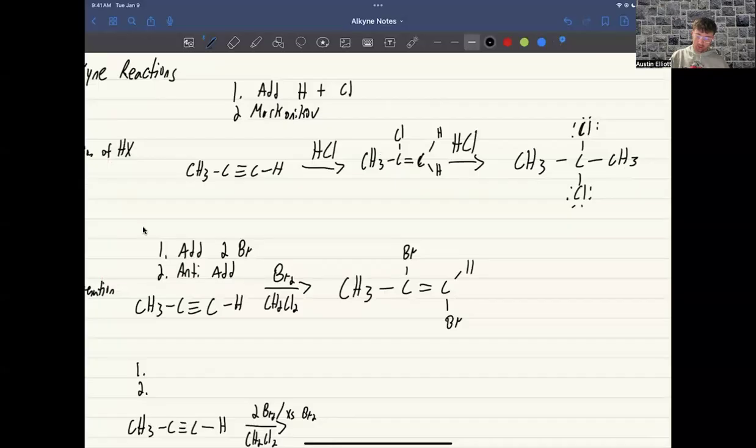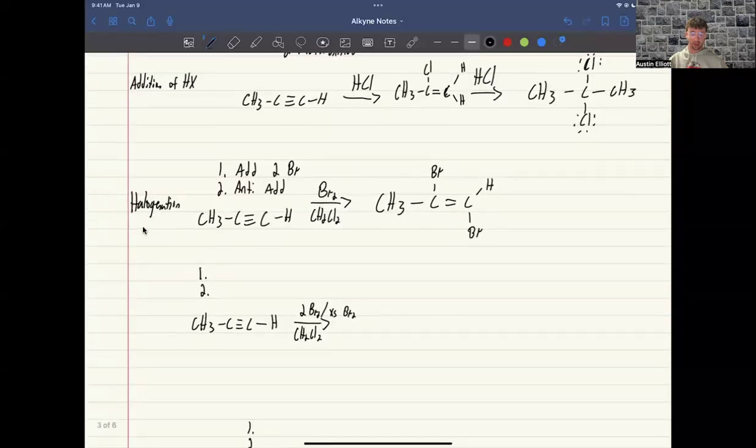And we'll just put our H like that. So with this one, as long as you're showing that one is up and one is down, it doesn't matter which side is up or which side is down, just that you actually show the difference. Because if you just write them both up, then it'll be kind of wrong on the problem set and on your exam and other things like that.